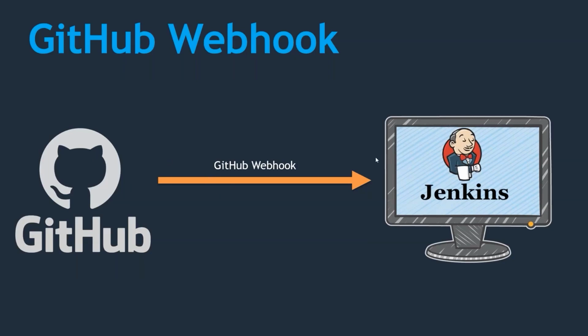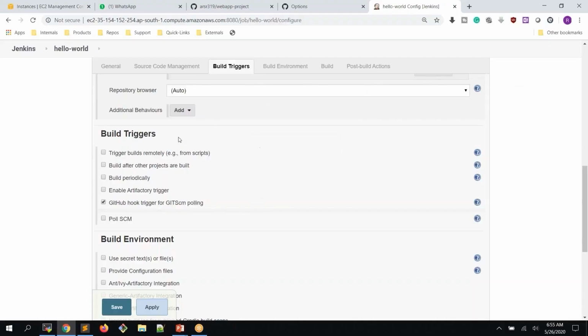To enable this, we have an option in the Jenkins job itself, that is GitHub hook trigger for GITScm polling. If you choose this option, whenever there are any changes in your GitHub, it tells your Jenkins job that, okay boss, you have chosen this option, so I have a few changes in my repository, so please execute it.